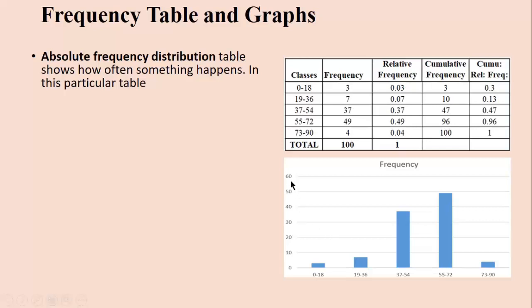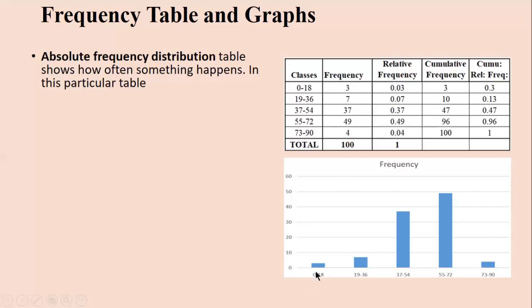So when we have established these scales, with the classes on the x-axis and the frequency on the y-axis, now we can make a simple bar with the help of a marker, a pen, or a pencil on simple paper. So this first class, which is from 0 to 18, has a frequency of 3.